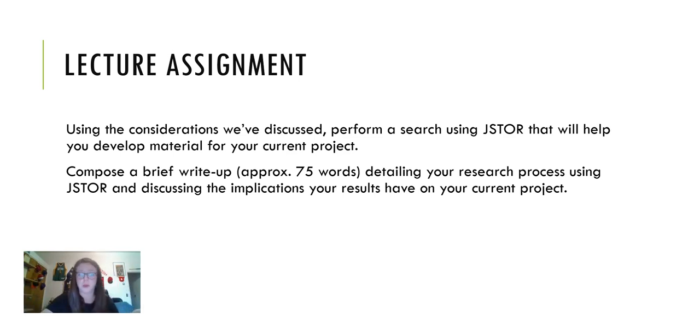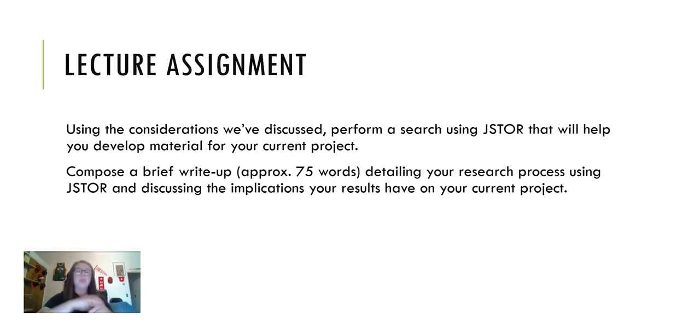Whether that's to better help you understand the analysis you're performing, the perspectives that you are examining, or the argument that you're trying to make. And so what I'd like you to do is compose a brief write-up, so about 75 words, detailing your research process using Jstor and discussing the implications your results have on your current project.